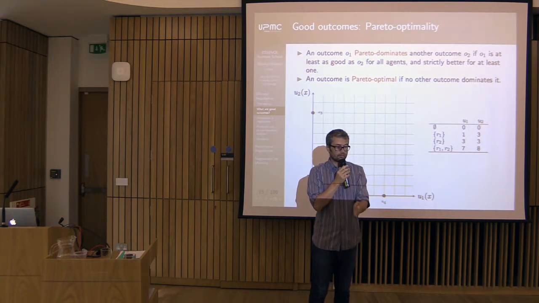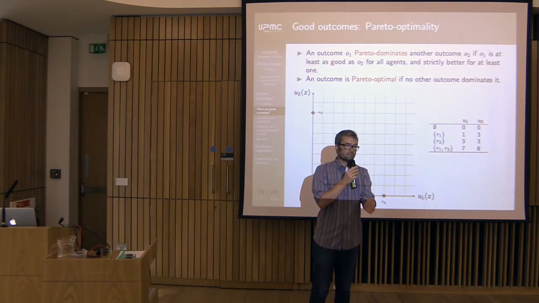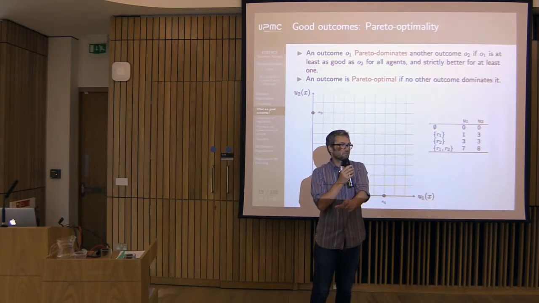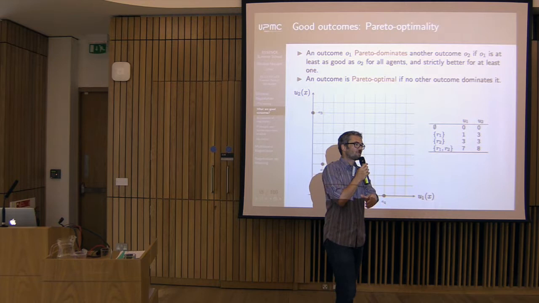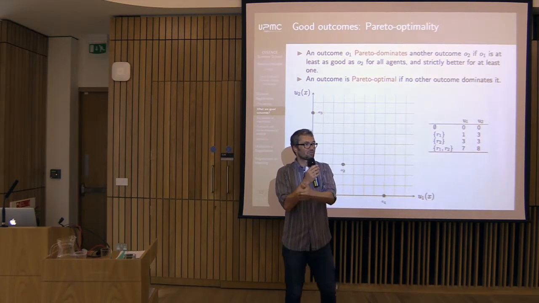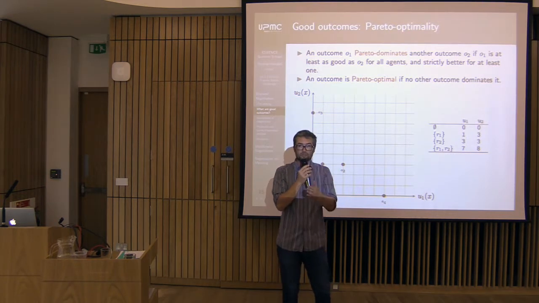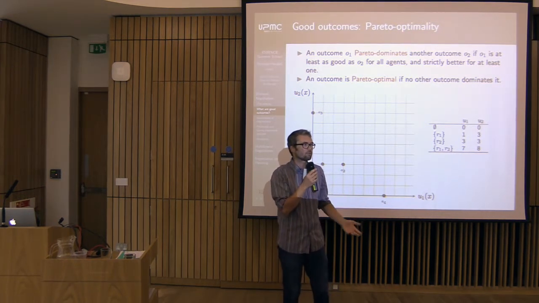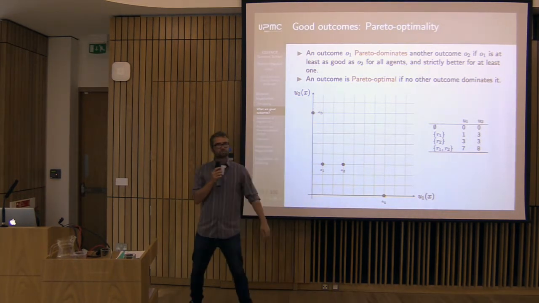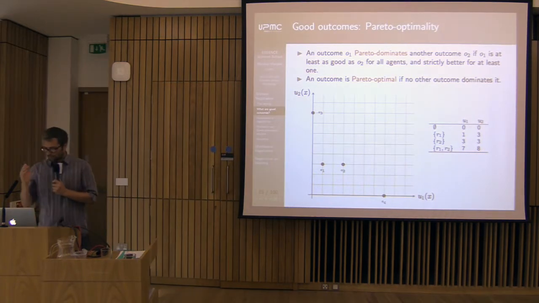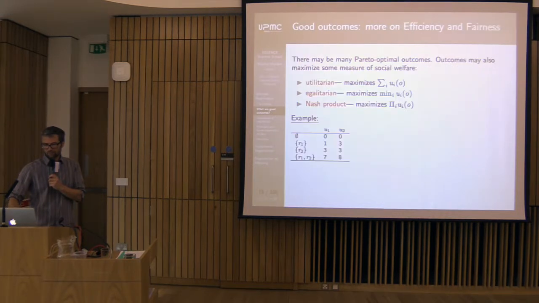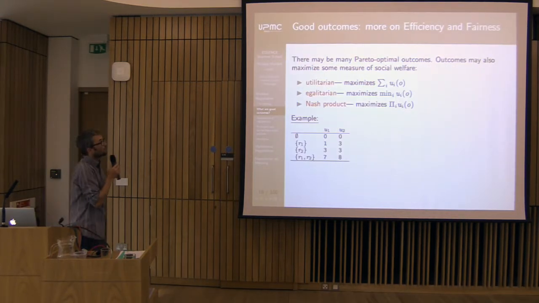If I cut the cake here, then if I had instead cut it here, one agent would be less happy. So each possible cut on this cake is a Pareto optimal outcome. So you see that it does not tell you much in the end. Still, that's one of the first and basic notions that you will have.